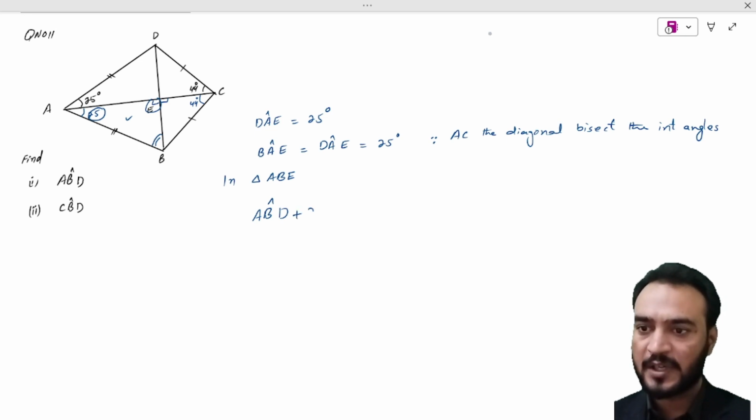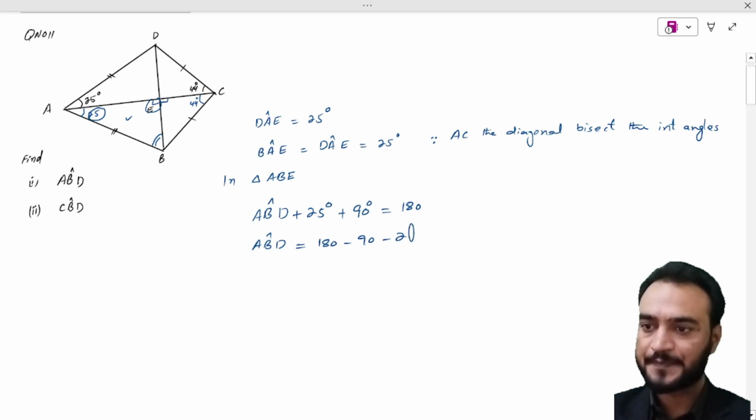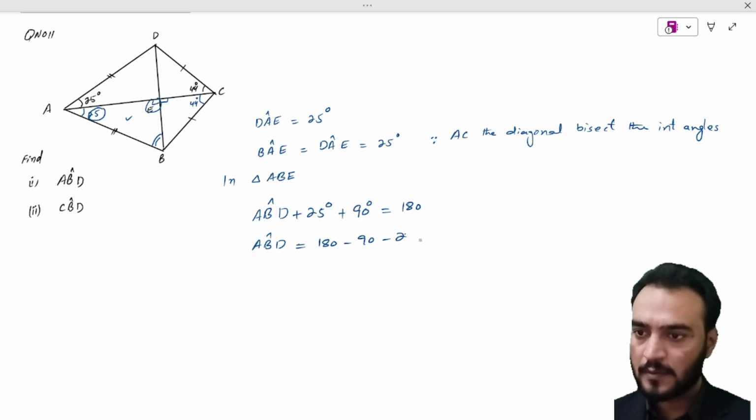ABD plus 25 degrees plus 90 degrees equals 180 degrees, because these are the interior angles of the triangle ABE. So angle ABD is equal to 180 minus 90 minus 25.